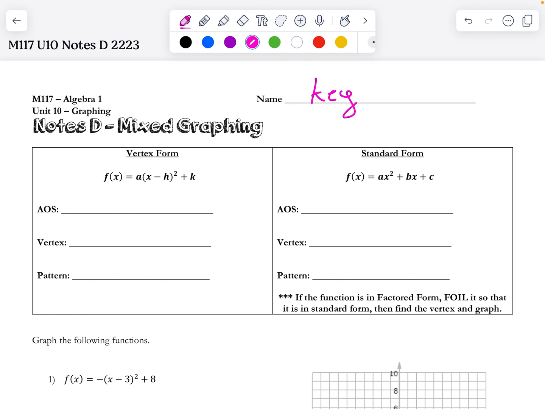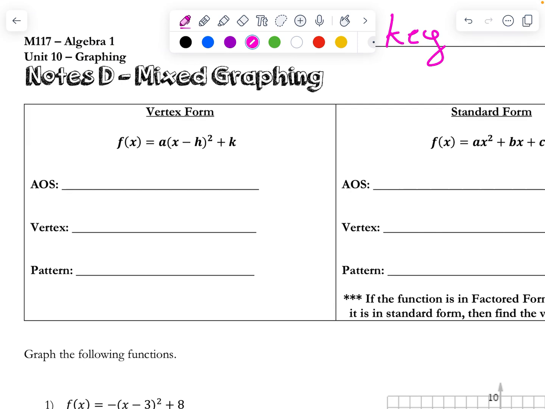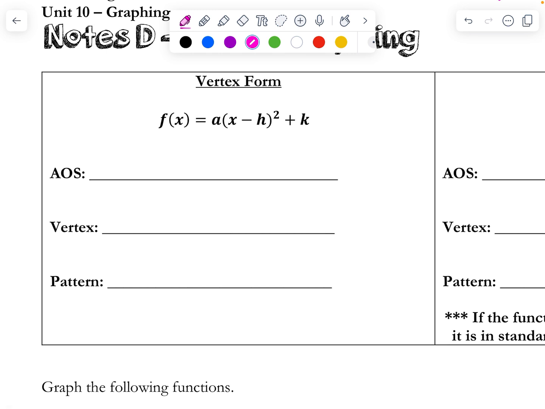So, as before, you guys have already learned a few things, right? We've already learned how to use vertex form. So remember that the vertex form, the easiest thing to get every single time is going to be the vertex, right? It's called vertex form. So let's go ahead and get that first. Now, the vertex is the H and the K of the formula, right? So in this case, we're going to have the H and the K. And remember that the H is always going to be lying to you.